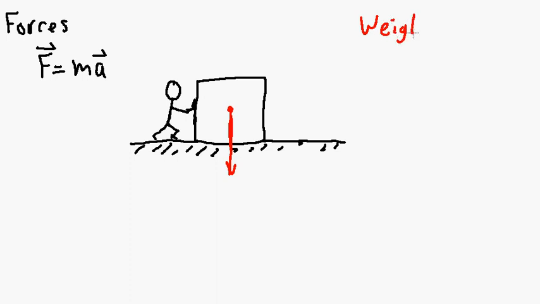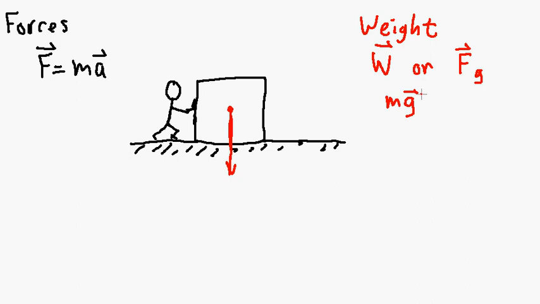The weight is the force of gravity acting on the box. That can be abbreviated W. Sometimes it can be F sub g, force due to gravity. Sometimes it's just mg, because it's mass times gravity, right?